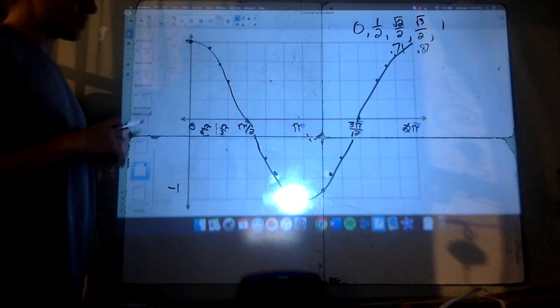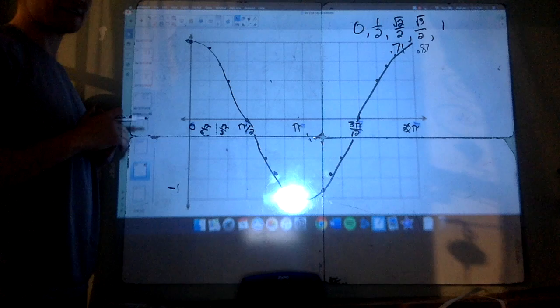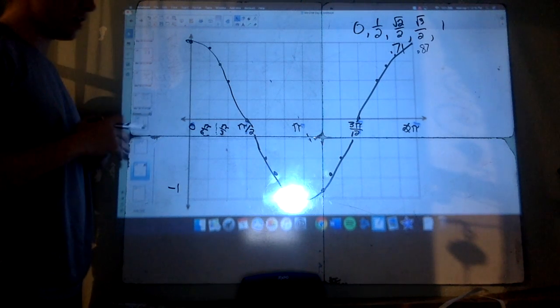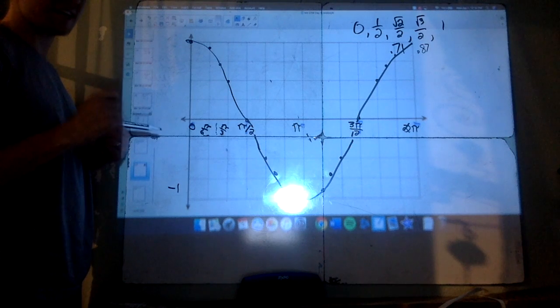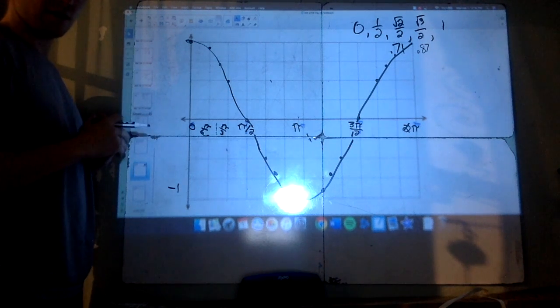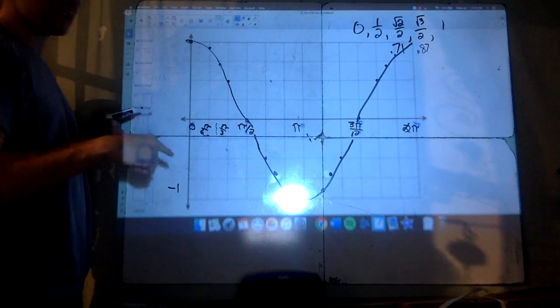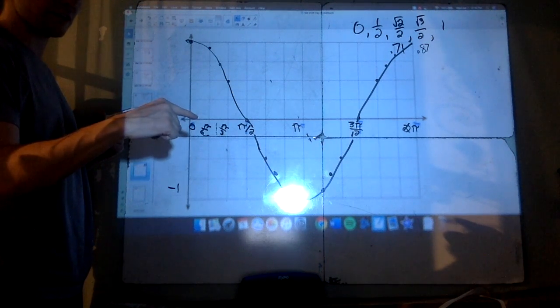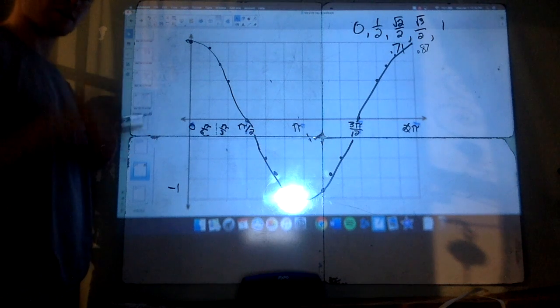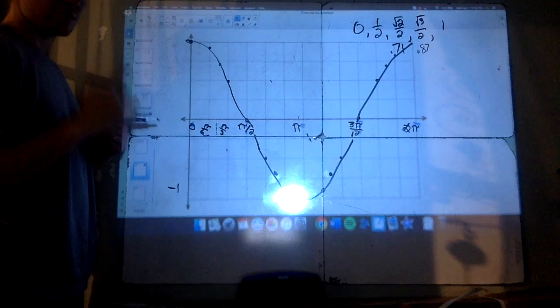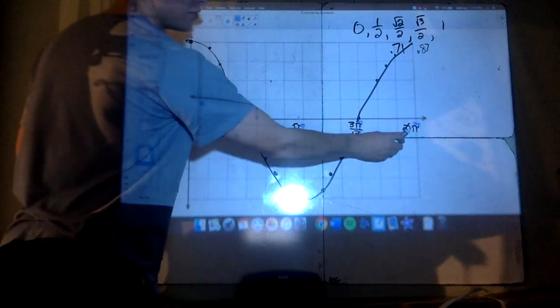Now, one question I want to ask is how long does it take to complete one period or one cycle for these graphs? How long does it take to get back exactly where it started? Look at your sine graph. How long did it take to get back to where you were starting again? How long did it take the cosine graph to get back where you started? So it takes 2 pi.